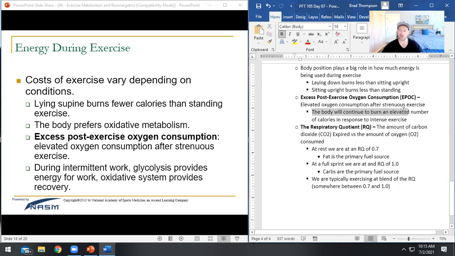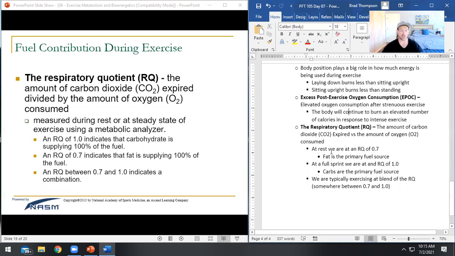So your body will continue to burn an elevated number of calories in response to any intense exercise you do. The more sprinting, the more max effort you do, the more likely you are to develop EPOC. Low intensity, long duration exercise doesn't have the same effect. Low intensity, long duration exercise builds way less EPOC because you're recruiting fewer muscle fibers to get the job done.